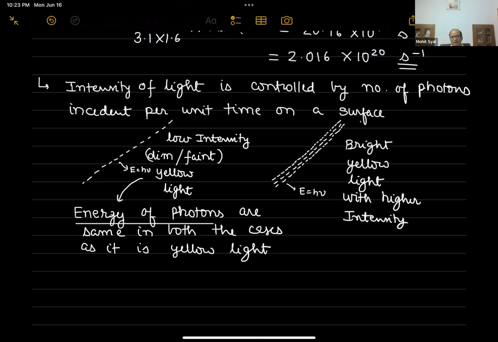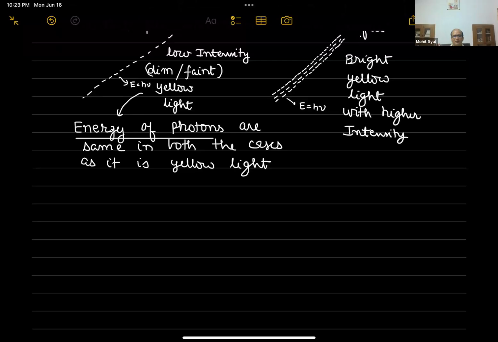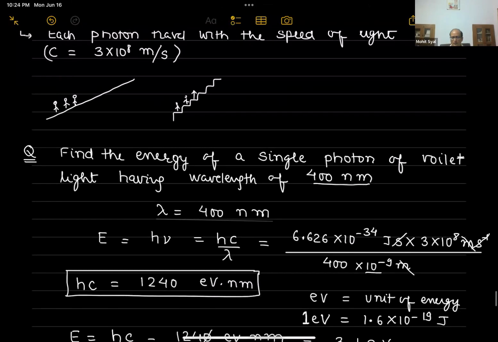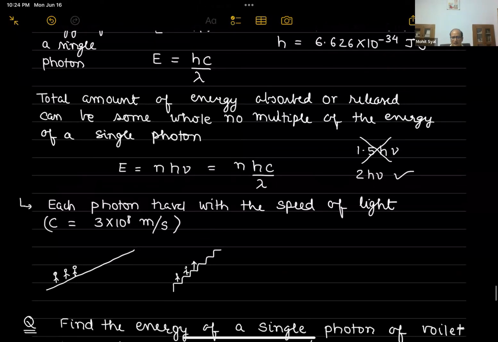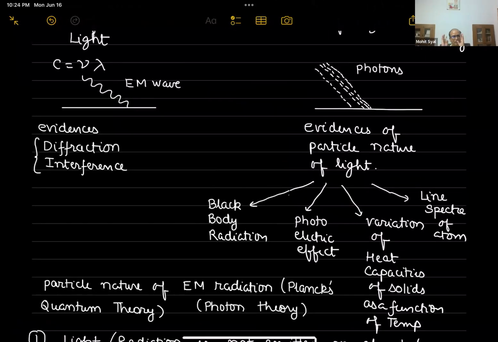So there is an experiment which tells us about the photon theory of light. What is that experiment? I have written four phenomena. There are some experiments which can be explained by photon theory and some which can be explained by wave nature.